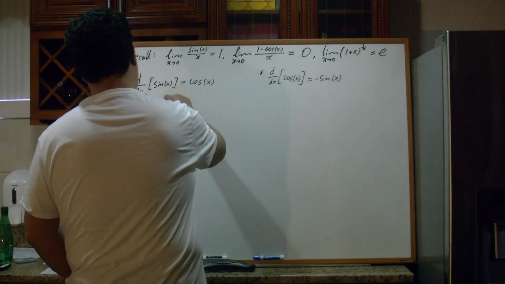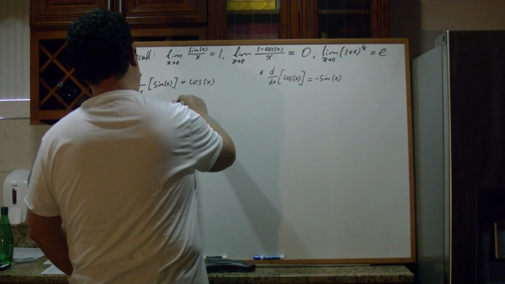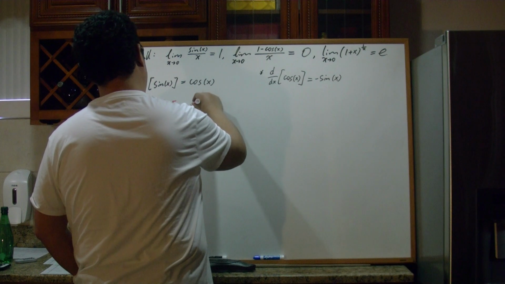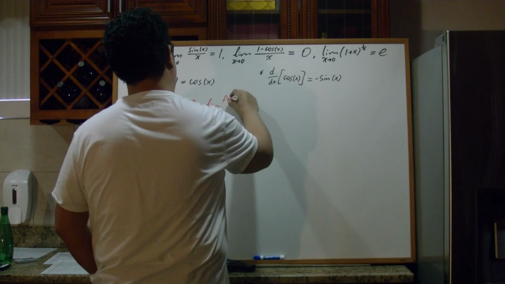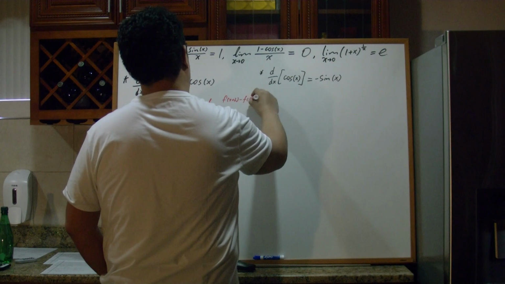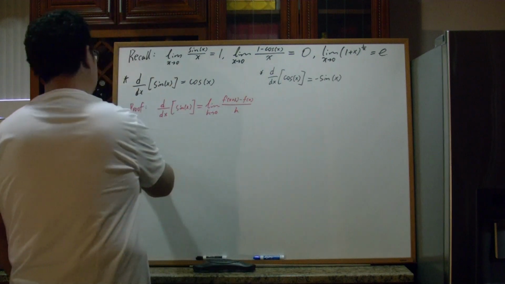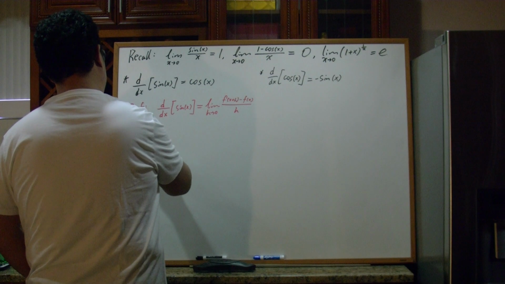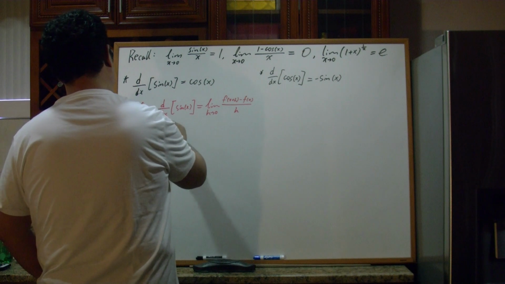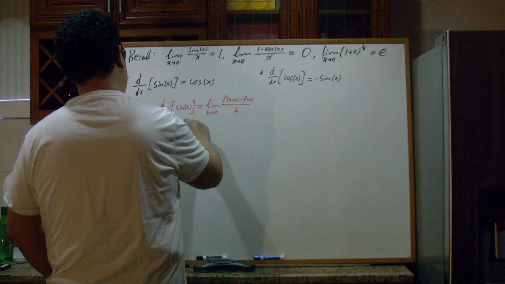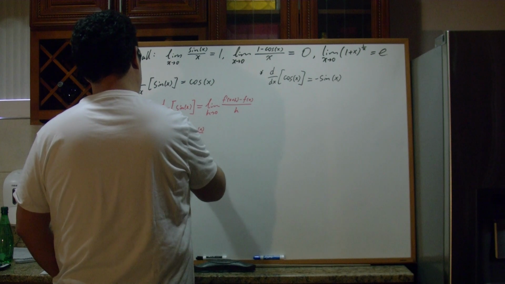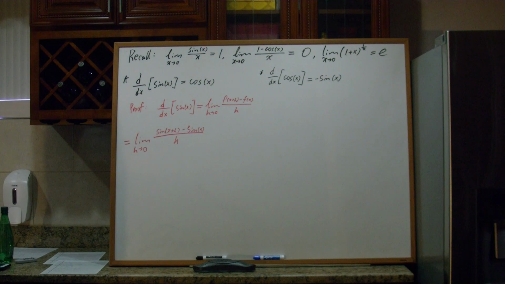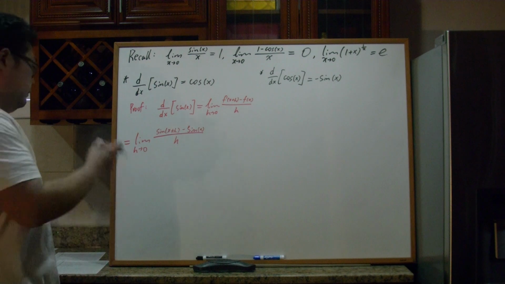So the derivative of sine, using the difference quotient: the limit of sine of x plus h minus sine x over h.